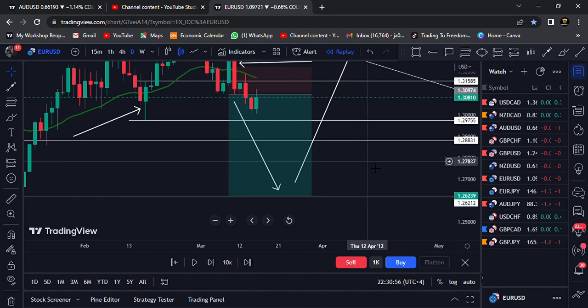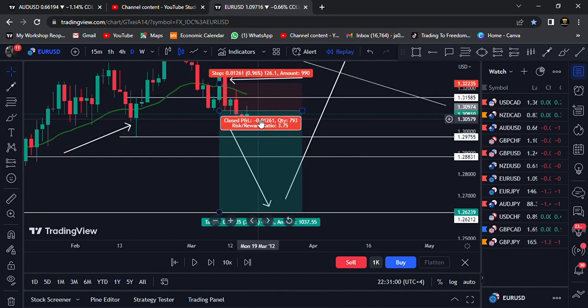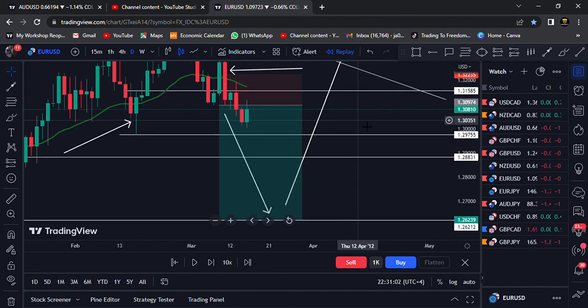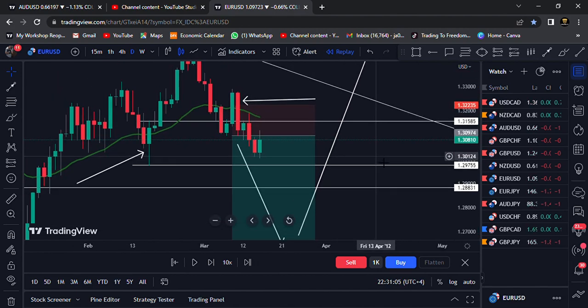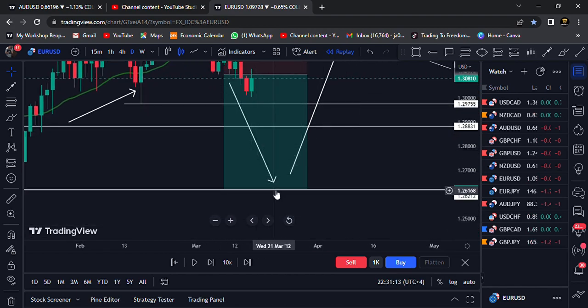Actually we are in profit, but the market is giving us signals of buy because of this candle here. Because if the market is breaking this candle, it means it's gonna go right down at this level.